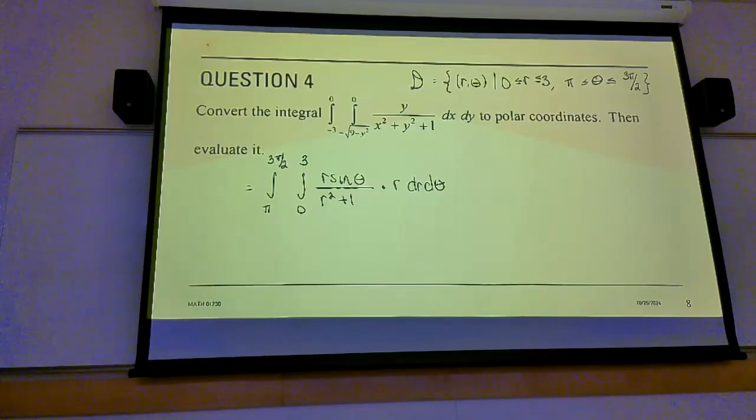Good news, it's not that hard, theta is easy. Bad news, you're going to be left with r squared over r squared plus 1. How would you do that? I just don't think that's too terrible.